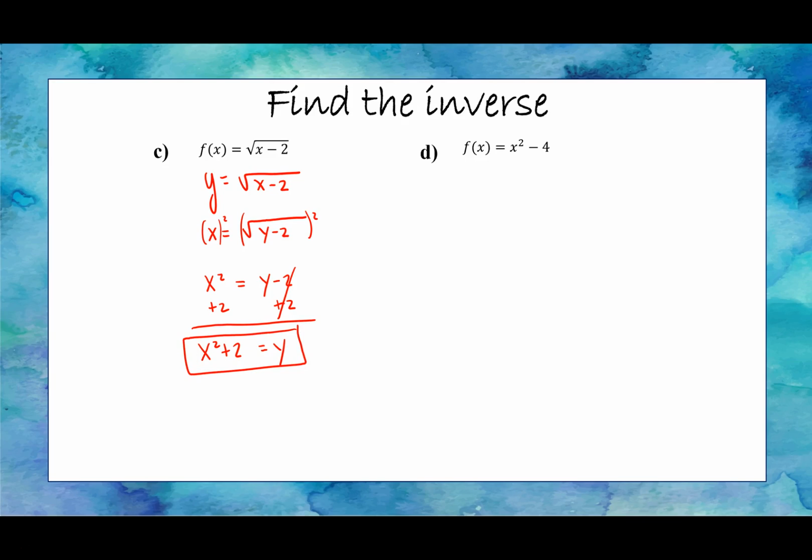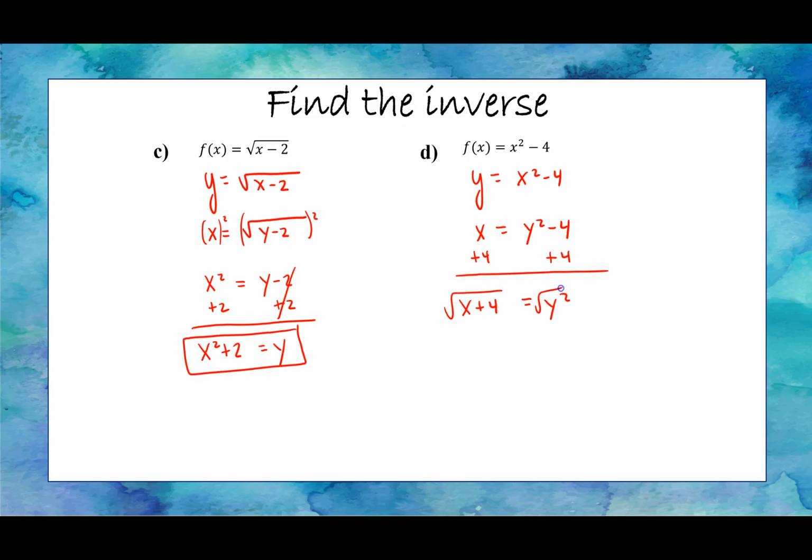All right, last algebraic example, and then I want to look at some graphs. So here I'm going to rewrite this as y equals x squared minus 4. Switch the x's and the y's. Okay, getting y all by itself, I add 4 to both sides. Here I get x plus 4 equals y squared.